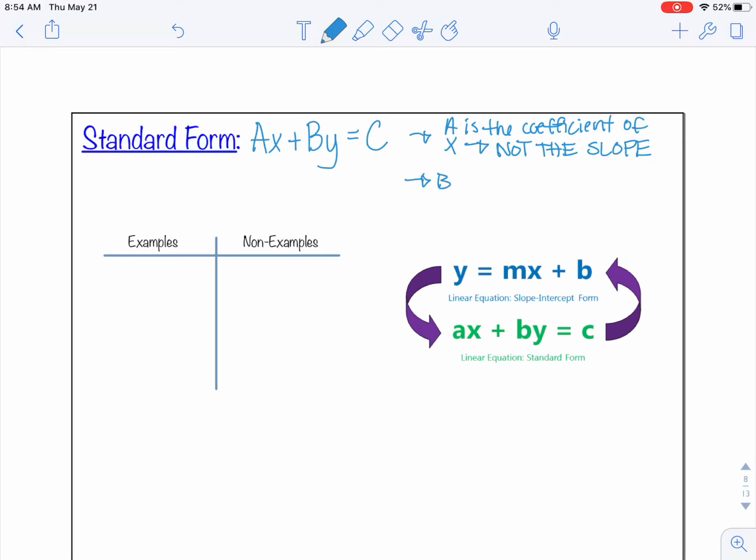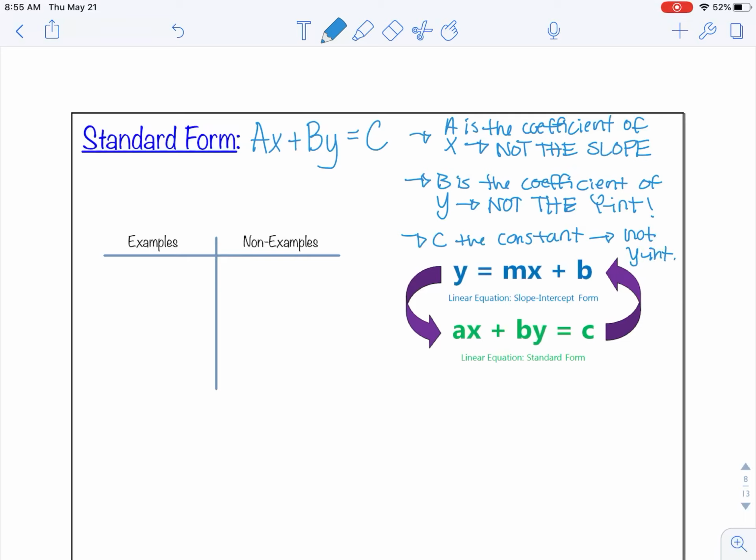B is the coefficient of Y, not the y-intercept. Okay? And then they add together to make C, the constant, which is also not your y-intercept.